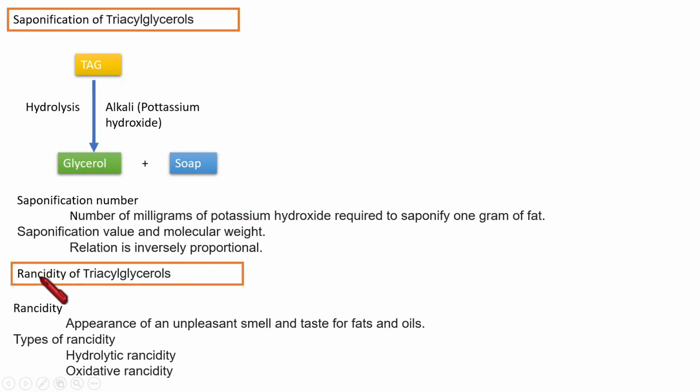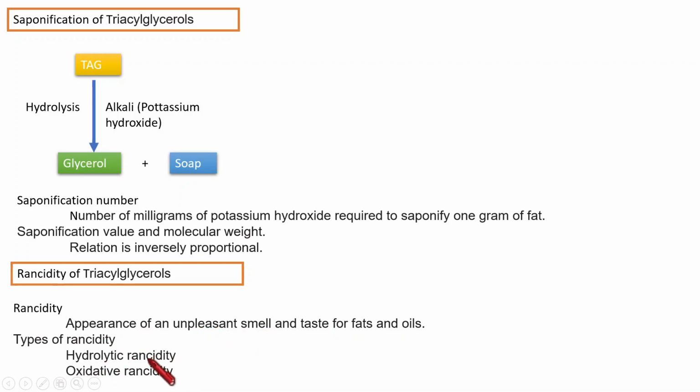Next reaction is rancidity. Rancidity means the appearance of some unpleasant smell and taste in fats, which we can feel while eating some nuts that were kept open without properly closing. There also the same thing is happening, rancidity. Two types of rancidity are there, hydrolytic rancidity and oxidative rancidity.